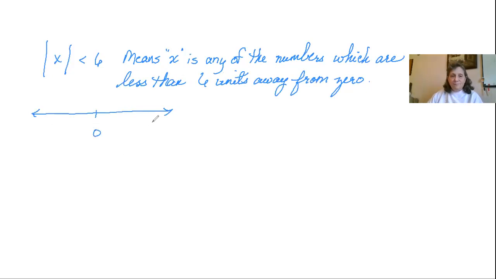Here's 0. 6 units to the right is positive 6. 6 units to the left is negative 6.